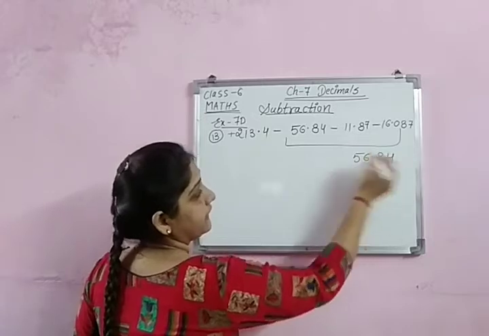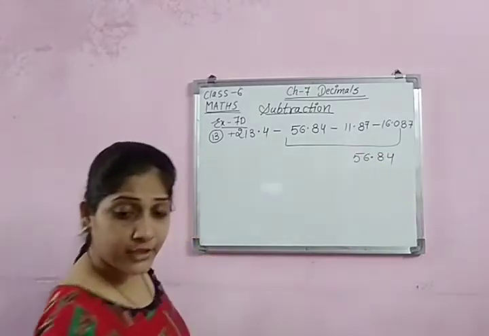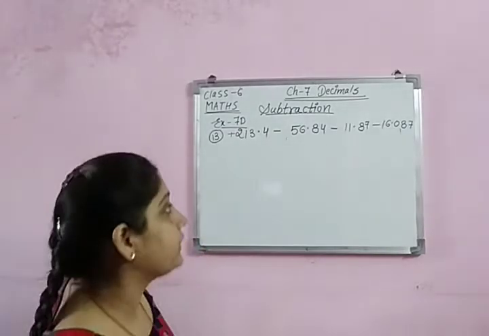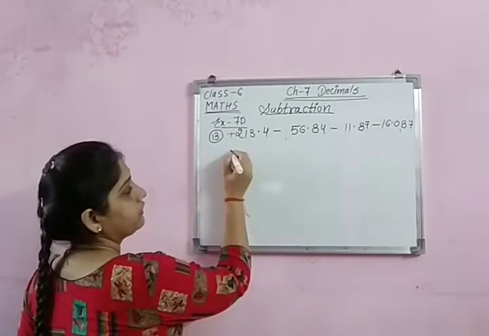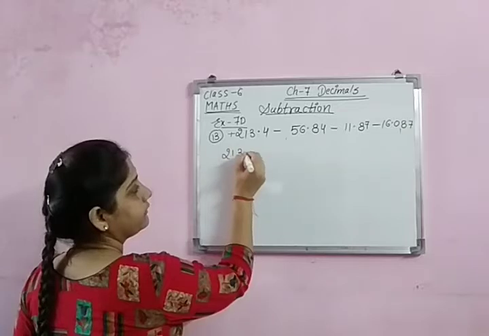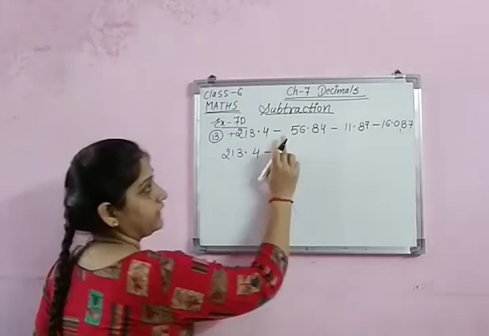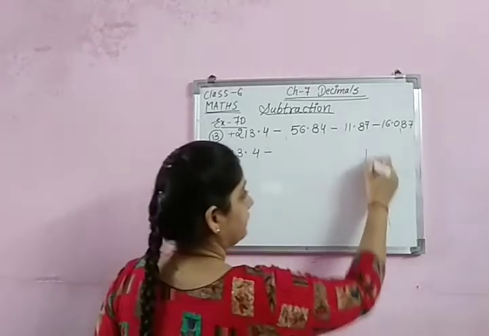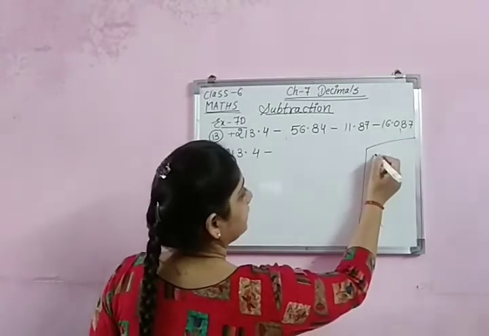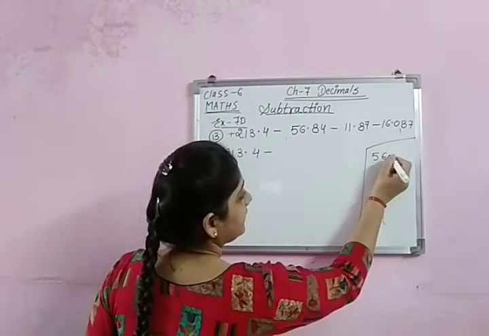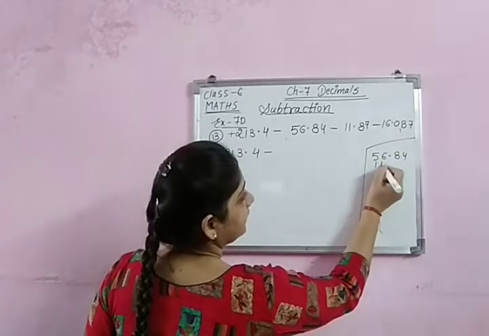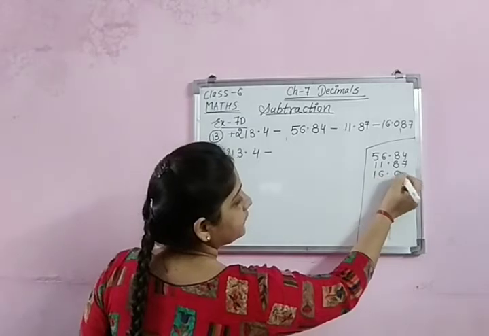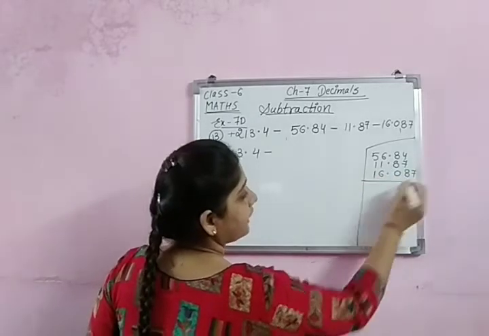At the side, in the rough margin, 213.4 as it is. And if all numbers are in minus sign, their answer will be negative only. I am doing their addition at the side in the rough: 56.84, 11.87 and 16.087.